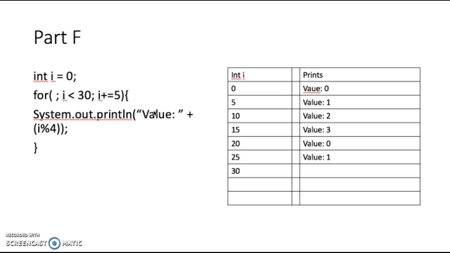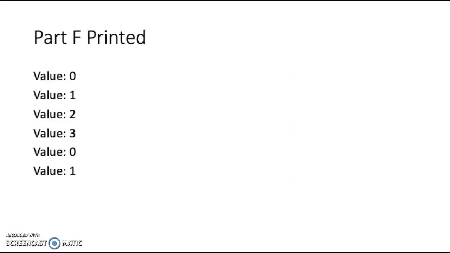So we print out value colon 1, and that will just continue running until we finish 25. We increment by 5, and that becomes 30. And because 30 is not less than 30, the loop is finished, and we go on to the next function afterwards. So this is what the print statement would look like for part F.